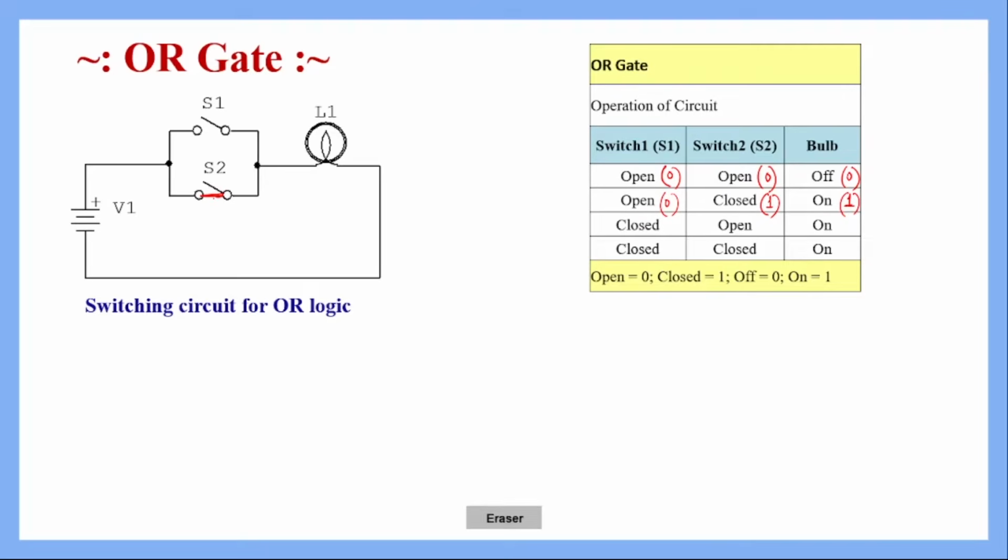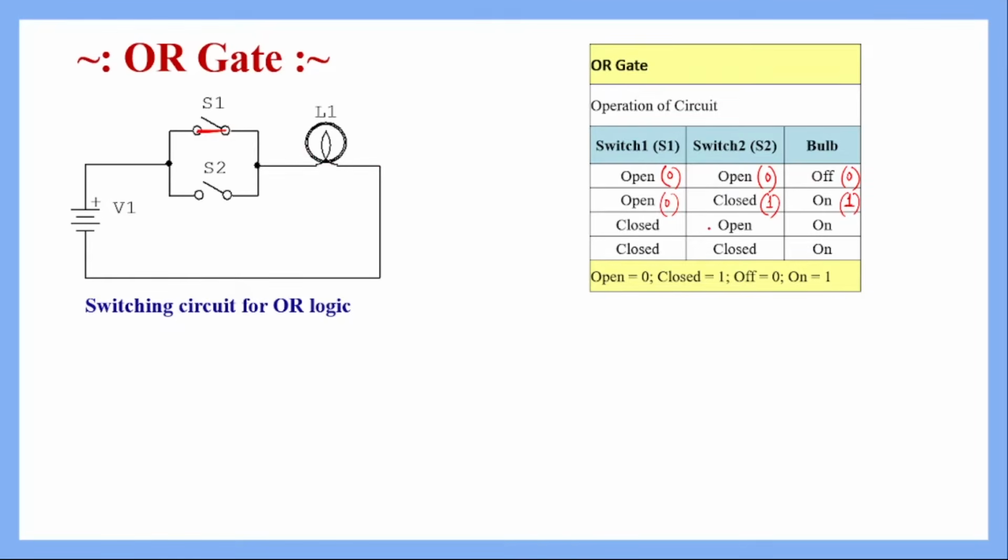Now if it happens the opposite way, meaning switch 1 is closed and switch 2 is open, then what will happen? Again, since these switches are connected in parallel, a closed path will be formed through this S1. So the current supplied by this voltage source will get a closed path through this switch, and will flow through this switch as well as this bulb, and the bulb will glow.